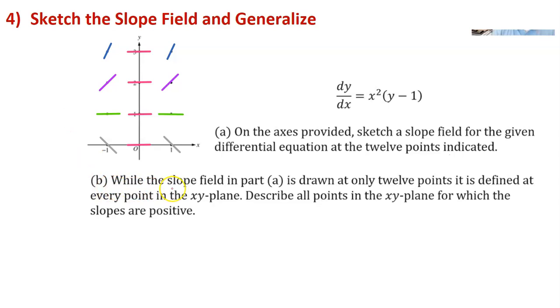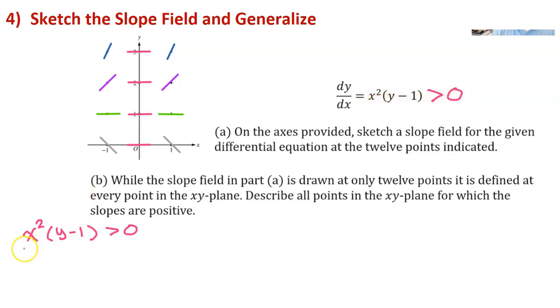Part B. While the slope field in Part A is drawn at only 12 points, it is defined at every point in the xy plane. Describe all points in the xy plane for which the slopes are positive. If the slopes are positive, that means that dy/dx is greater than 0. So let's set up this inequality.